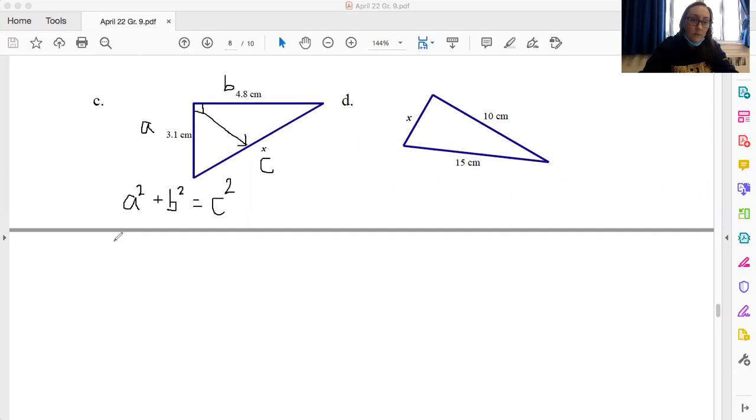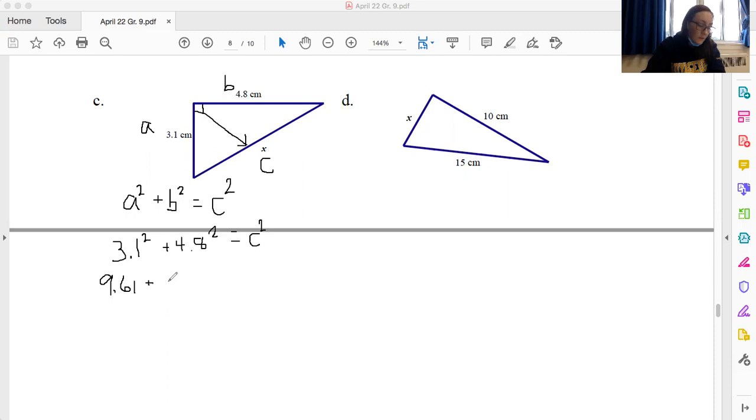So our A we know is 3.1. Okay, squared plus 4.8 squared equals, and we don't know C. Okay, so you're going to punch that into the calculator, and 3.1 squared is equal to 9.61, sorry.